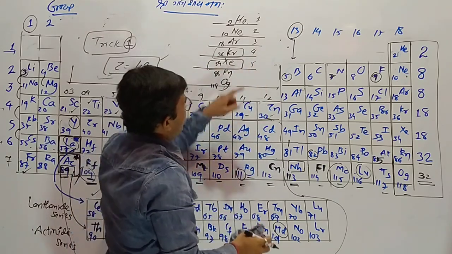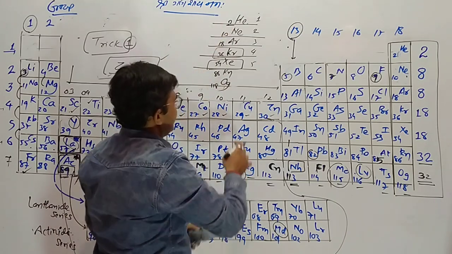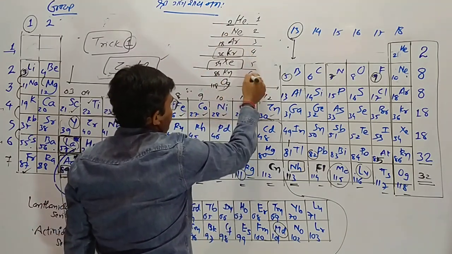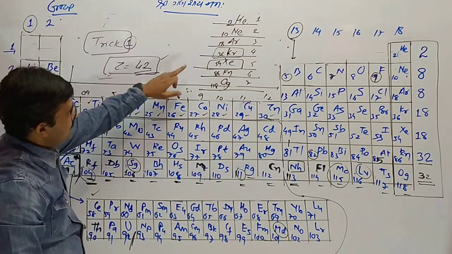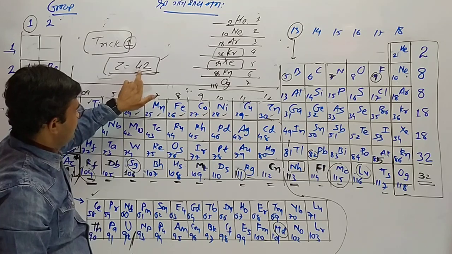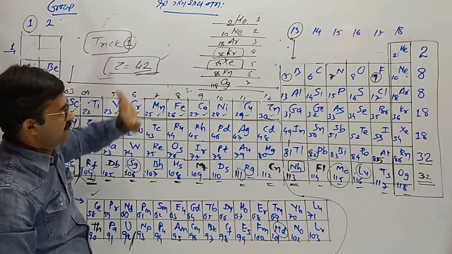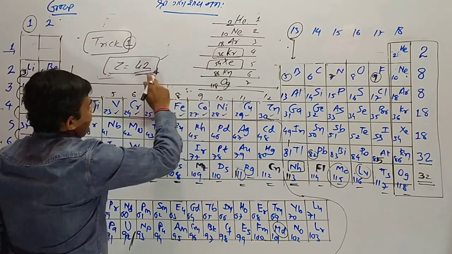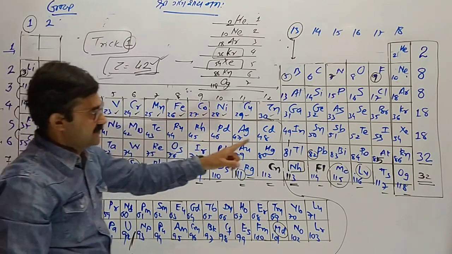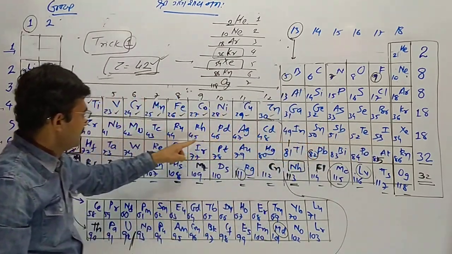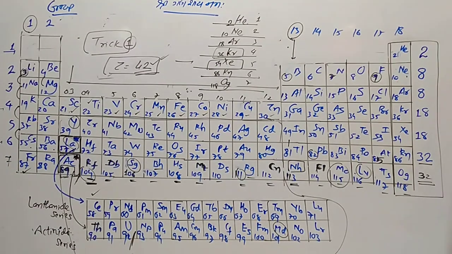This is the last element of the first period, this one the last element of the second period, third, fourth, fifth and sixth. These are 7. So after 36, our atomic number 42 goes after the fourth period is over, and before xenon, which lies in period number 5. You can see. Understood?